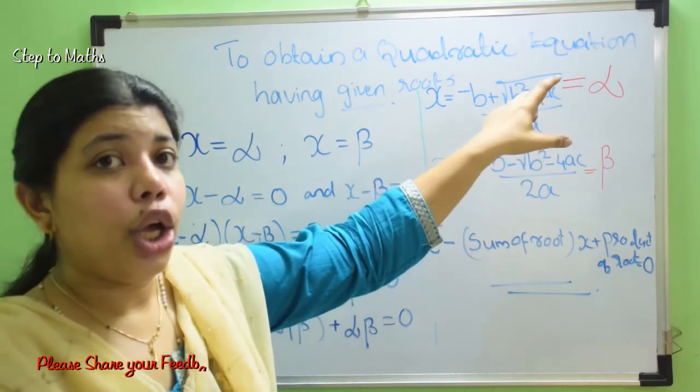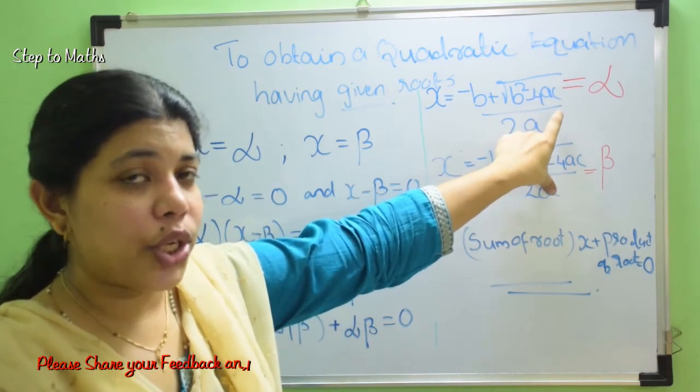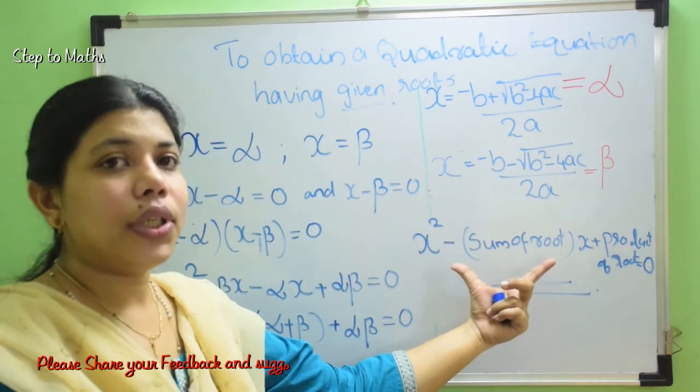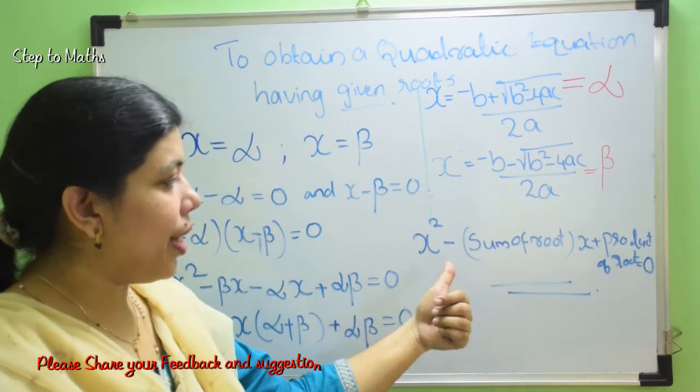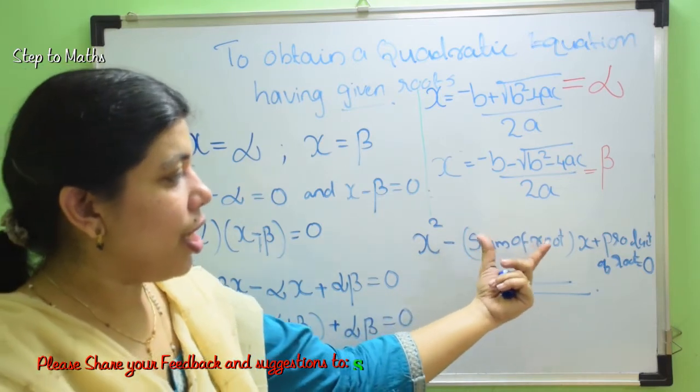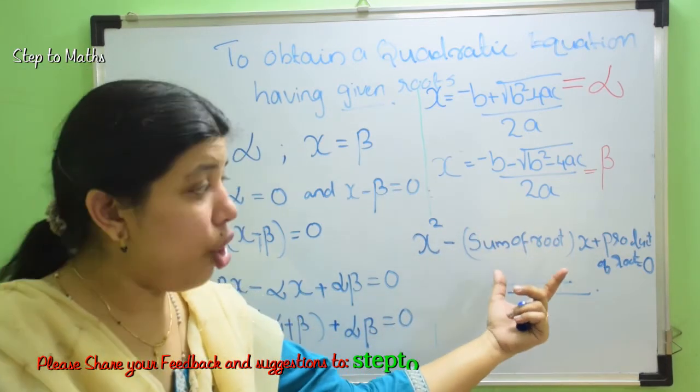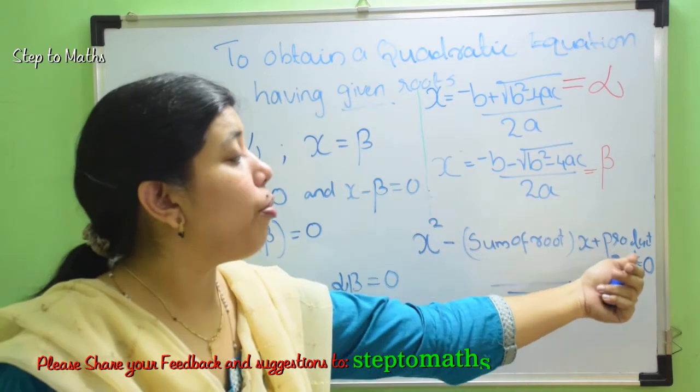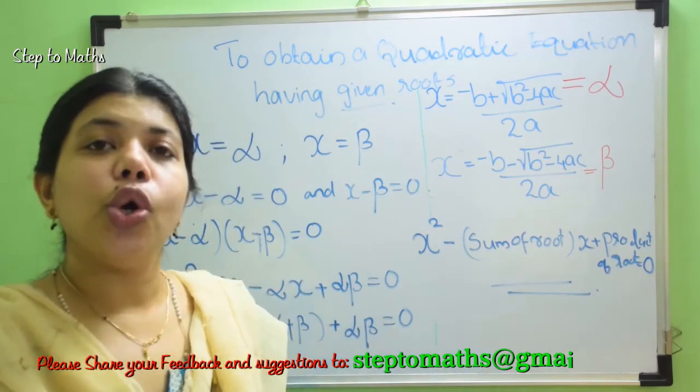From the given roots of a quadratic equation, we form the quadratic equation x square minus sum of roots into x plus product of roots equal to 0.